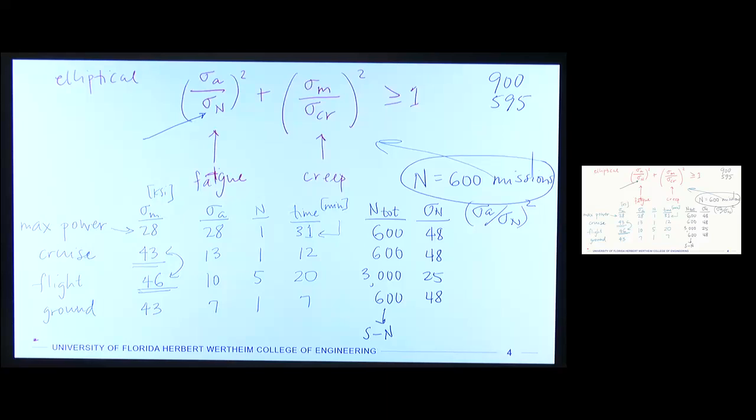So for the first phase, we have 28 divided by 48. So that is approximately 0.6. Square that, we get 0.34. Okay, so that's not anywhere close to 1. And we do it for the second one. 13 divided by 48, so it's going to be even lower.